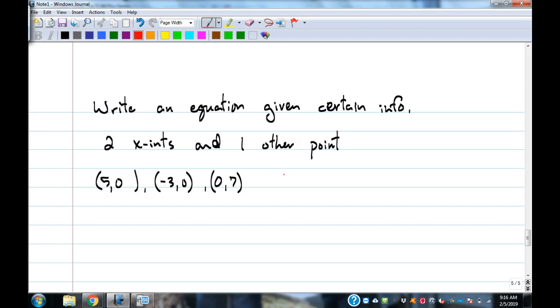I did those backwards at first. So we would start our function with a, and then which ones of those are x-intercepts? The first 2. So what's the factor that goes with 5 as an x-intercept? x minus 5. What's the factor that goes with -3? x plus 3.